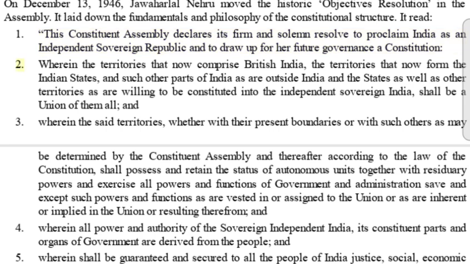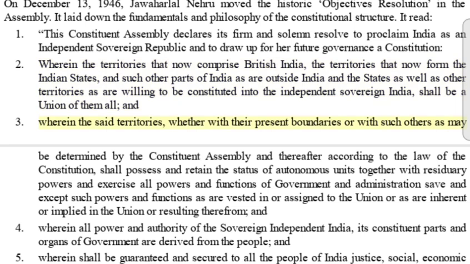2. Wherein the territories that now comprise British India, the territories that now form the Indian states, and such other parts of India as are outside British India and the states, as well as other territories as are willing to be constituted into the independent sovereign India, shall be a union of them all. 3.